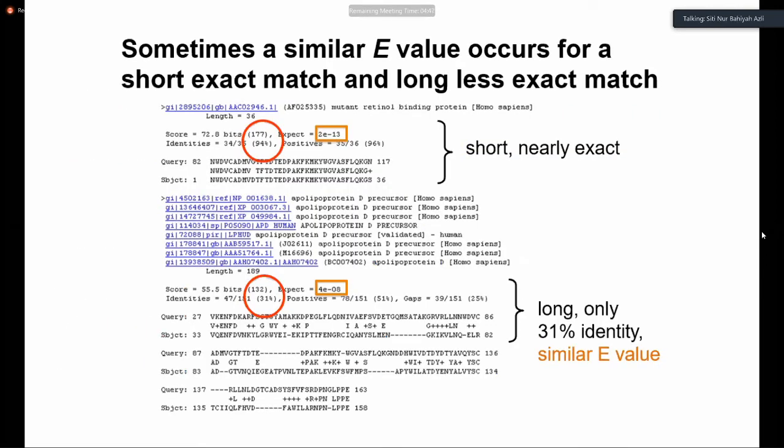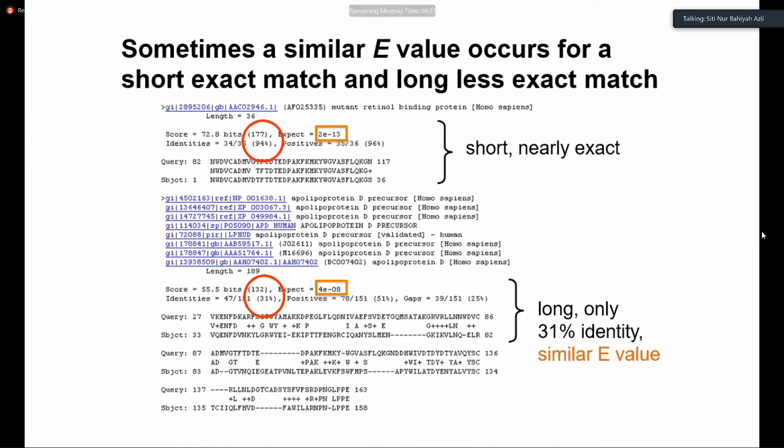So a second issue, the first issue is that the E value is sometimes more than one. Okay, a real match can have an E value of more than one. The second is that sometimes a similar E value occurs for a short exact match and a long less exact match. By similar E values, I mean E values that are lower than 0.05.